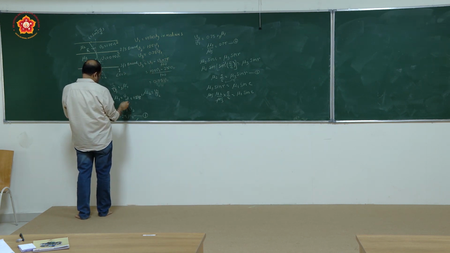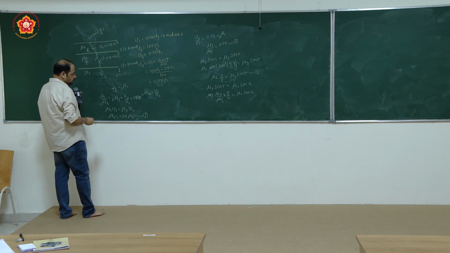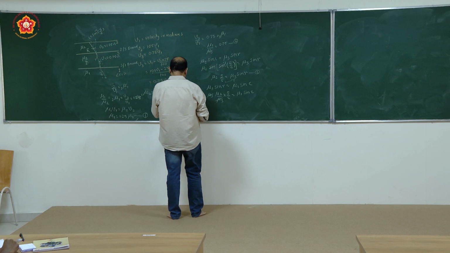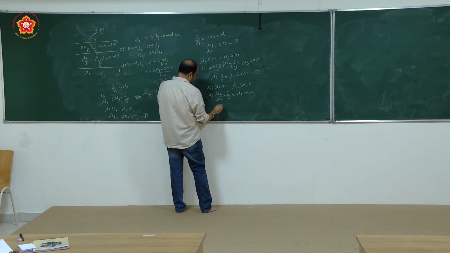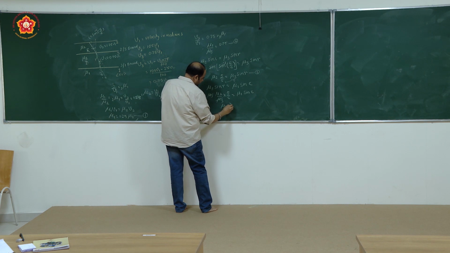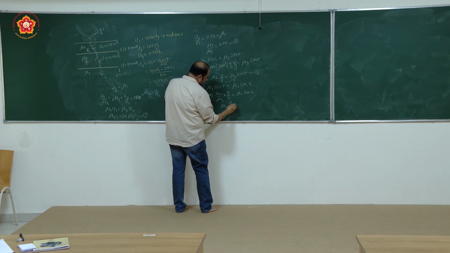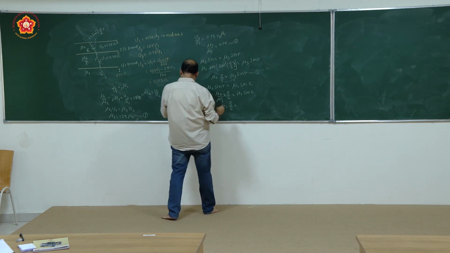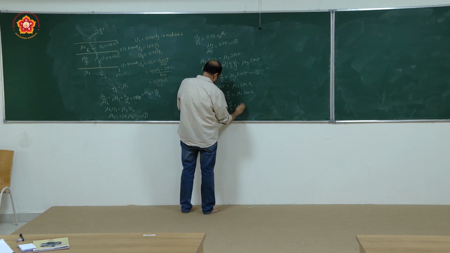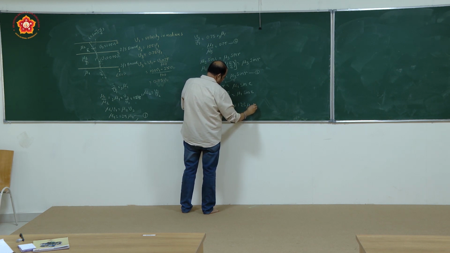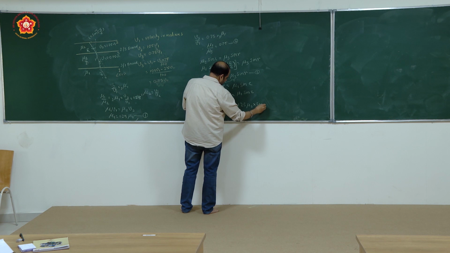That is how much? μ1 is equal to 1.25. So you will be having here μ2 into 5/6 is equal to μ1. Value of μ1 will be 1.25 times μ2, multiplied by sine of E.